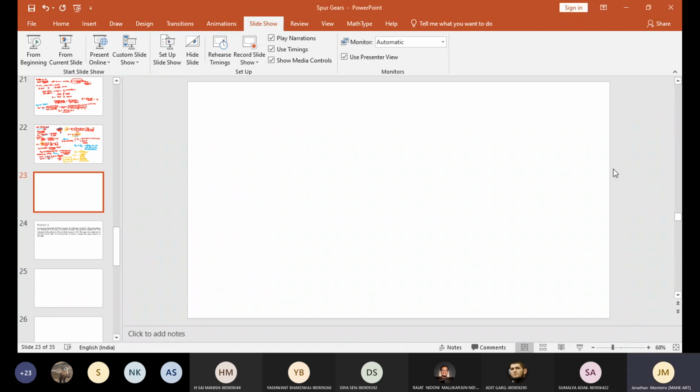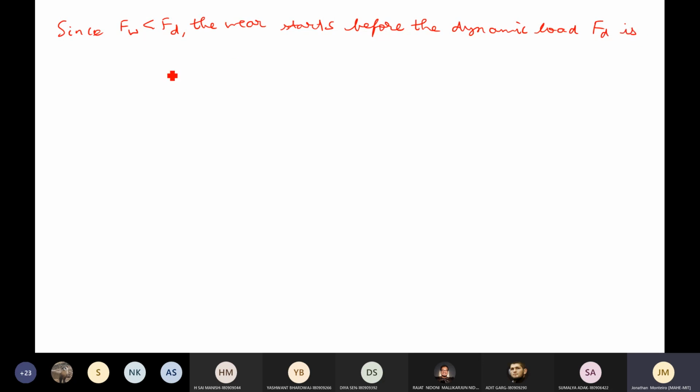Yes, students, we will continue here. And one more slide. So you can write something like this. The conclusion is, since FW is lesser than FD, the wear starts before the dynamic load FD is reached.